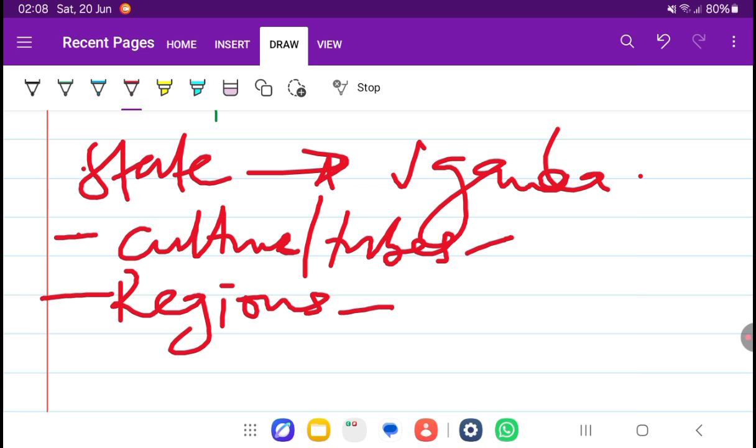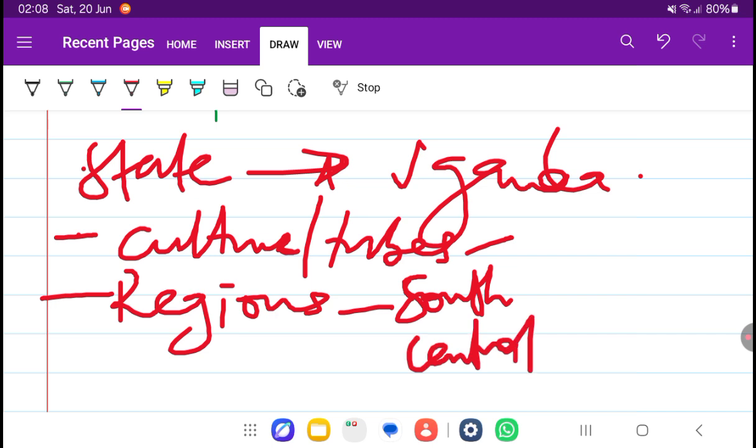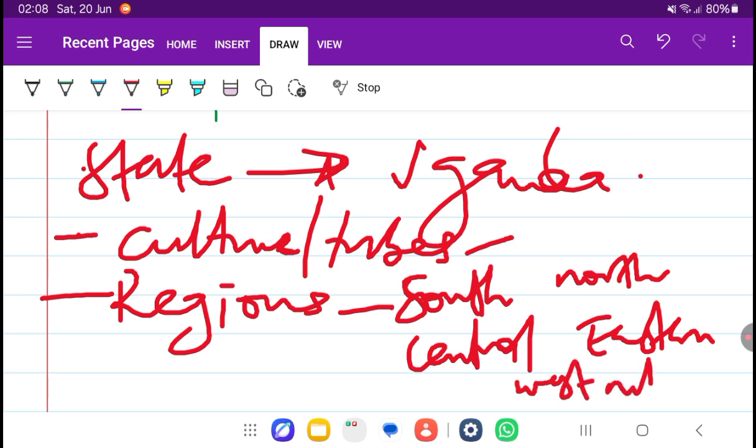But we pick people if we have picked maybe in the south, maybe in the central, in the north, eastern, and then the West Nile. We pick people, maybe we say we are going to pick 10 from each of the regions.